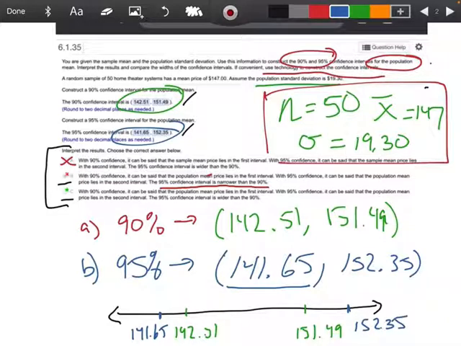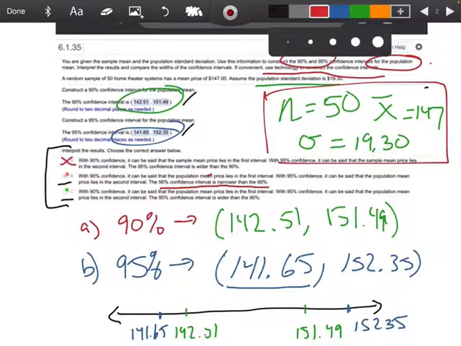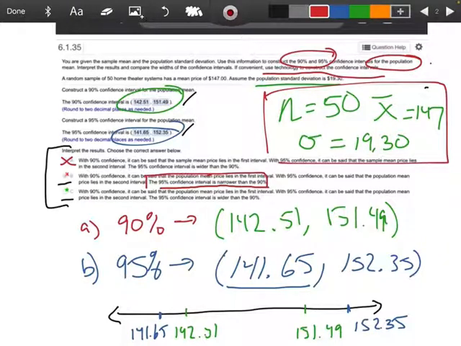So when I look at this part that I underlined here in red, it says the 95% confidence interval is narrower than the 90%. No, it isn't, because look at the blue one. The blue one is more wide, right?